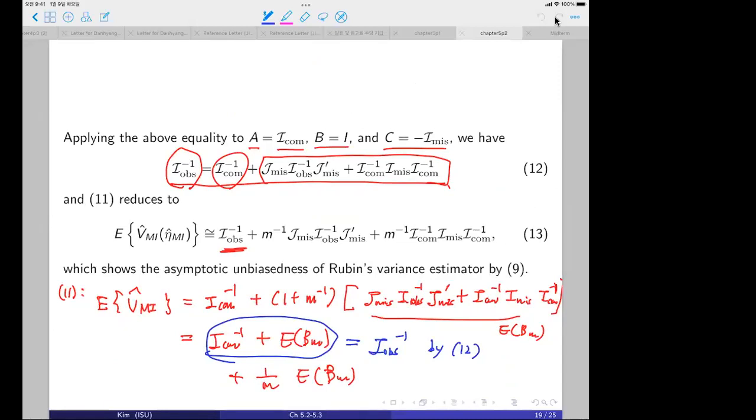Right. But if we think of the single imputation, the frequentist approach, as an extreme case of the Bayesian approach, okay, we basically just sample the estimate, like a point mass distribution.